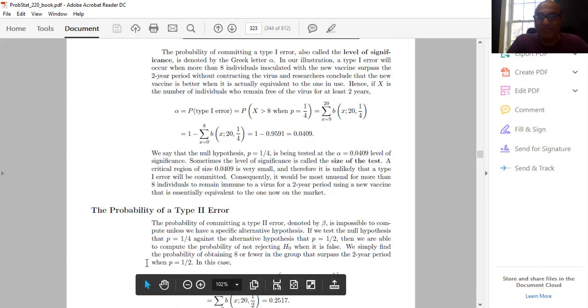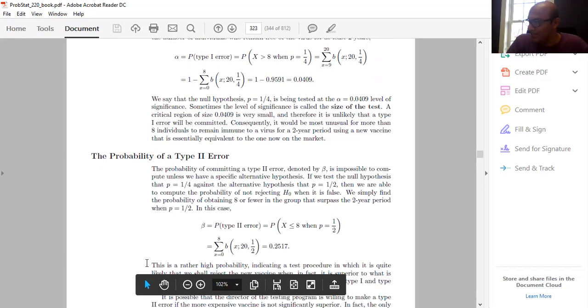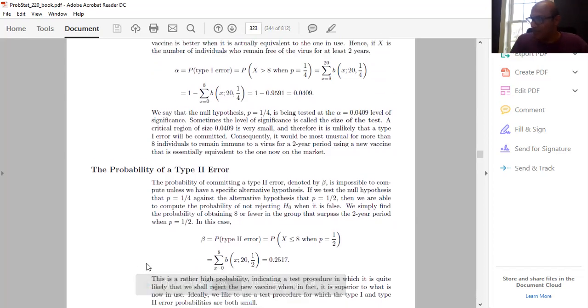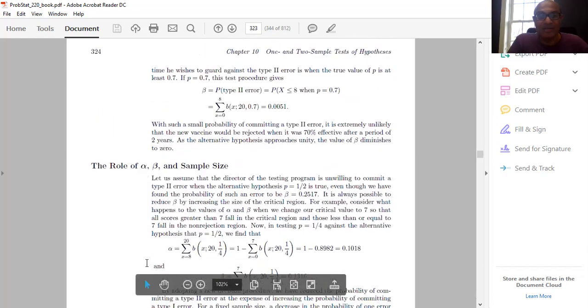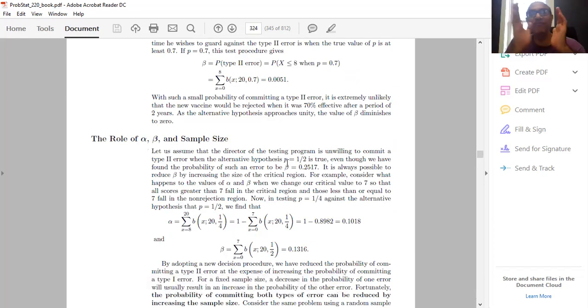So the probability of type 2 error, type 1, type 2, everything is mentioned over here. Now, guys, let me go for the role of alpha and beta in the sample size. Whenever you are facing type 1 error, that means H0 is true, but you are rejecting H0. Even though it is true, you are rejecting it.